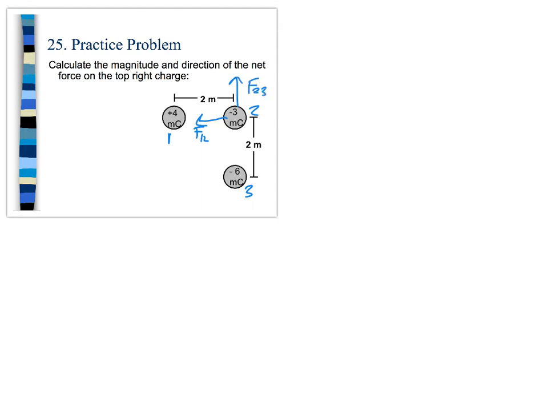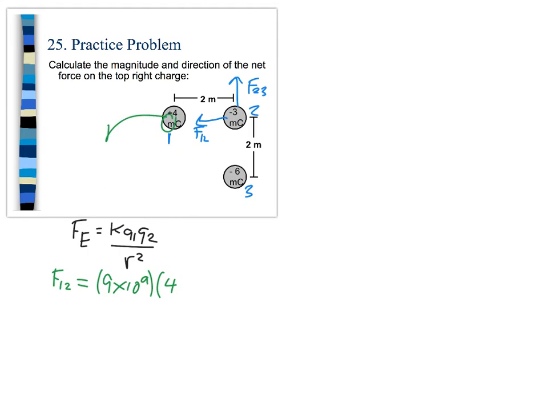I'm now going to use Coulomb's law to go ahead and solve for the amount of force that we have between each pair of charges. And so starting with F12 here, we're going to have k, which is 9 times 10 to the 9th. We'll actually enter numbers here, times charge 1, which is 4 millicoulombs.